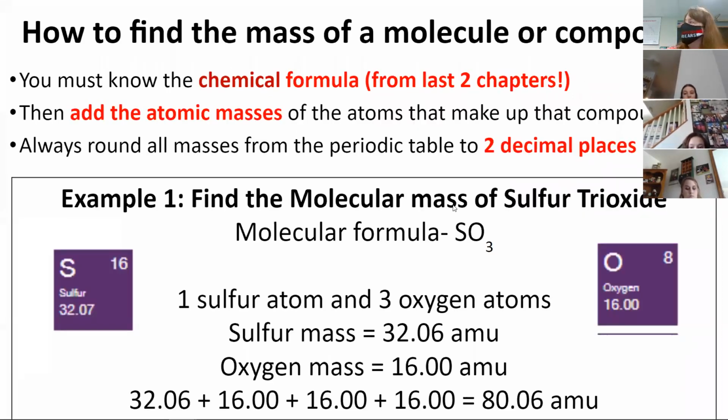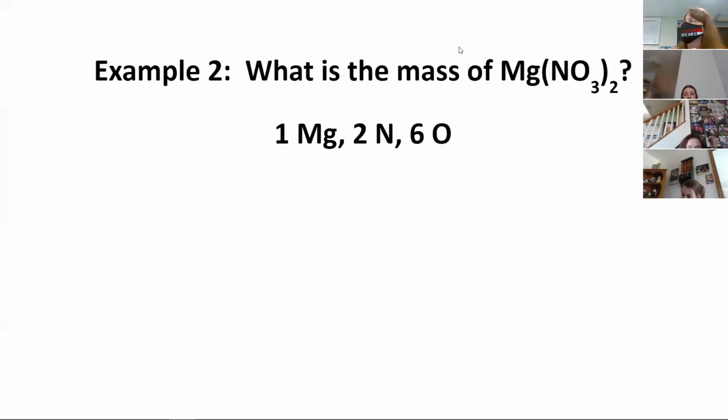So this can be for something as simple as SO3 or H2O, but it can also be a little more complex. Like, for example, magnesium nitrate. Magnesium nitrate has this nitrate polyatomic ion, and then we have the subscript outside. So how do we count the atoms in this particular molecule? Well, remember that after each element, there is a subscript, whether it is a 1 and not written or a written subscript.